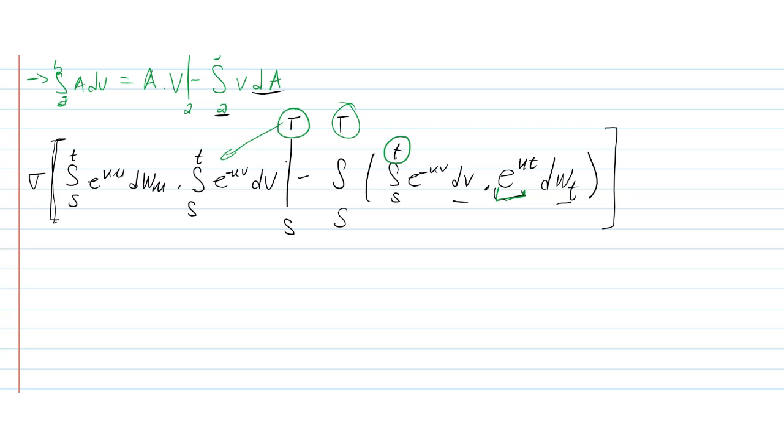This one will get substituted here, so we're going to have everything on S T integration limits, and this one we don't want to leave on S T. We're going to change this T to big T, doing the trick that you're going to see now.